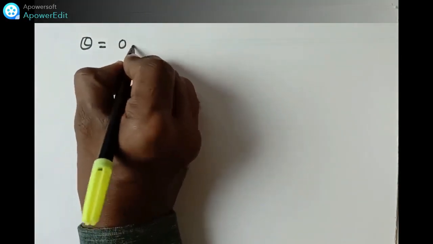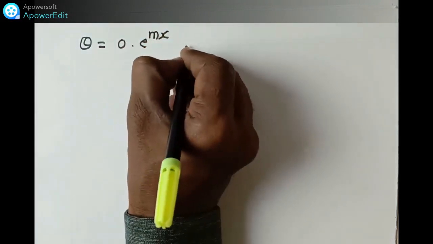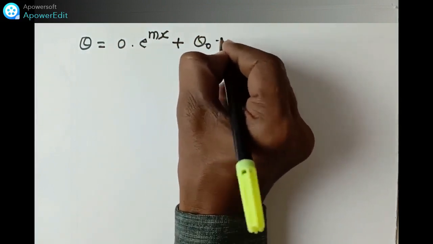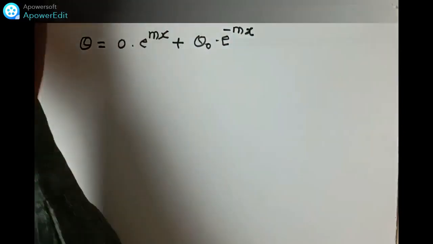So we will have here theta is equal to C1, which is 0, into e raised to mx plus C2, which is theta 0, e raised to minus mx.